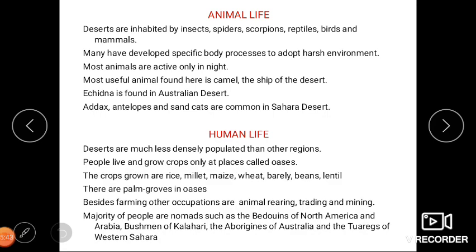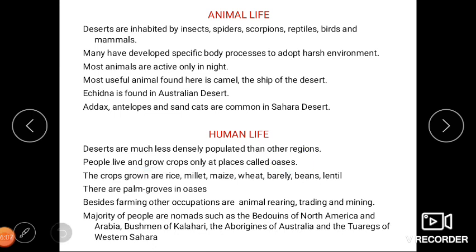And now finally let's see about human life in hot deserts. Deserts are much less densely populated than other regions. So it is a very sparsely populated area. People live and grow crops only at places called oases.